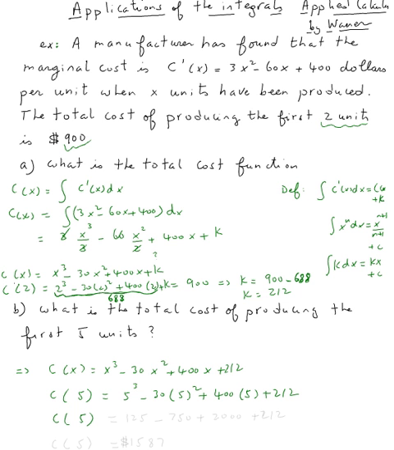So the cost of 5 units will be, let's use the calculator. 5 cubed is 125, minus 30 times 25 is 750, 400 times 5 is 2000, plus 212. So C of 5 is equal to, if you use a calculator, 1587, and that should be in dollars. And that's it for this example.